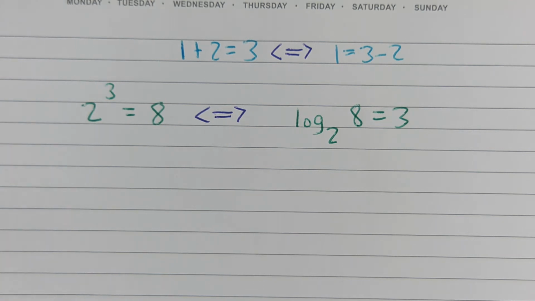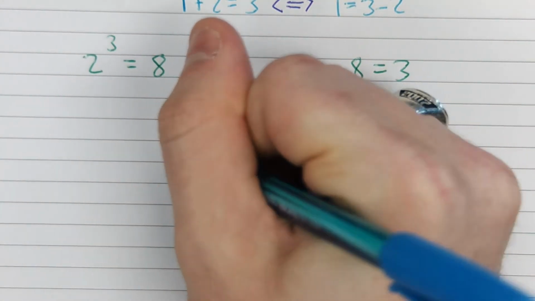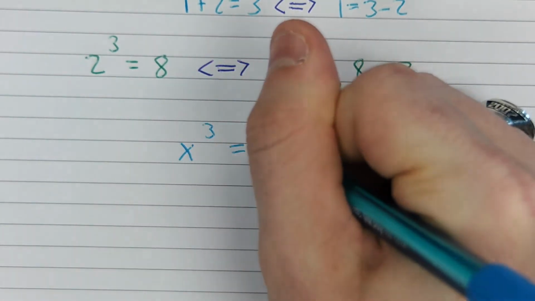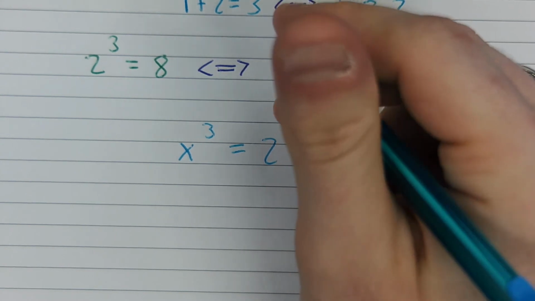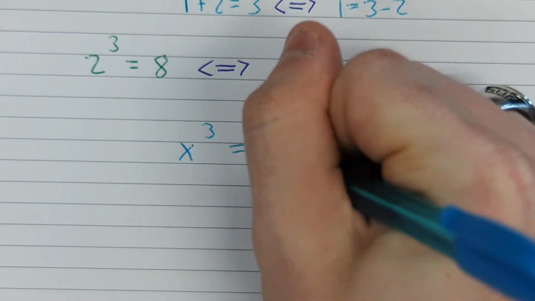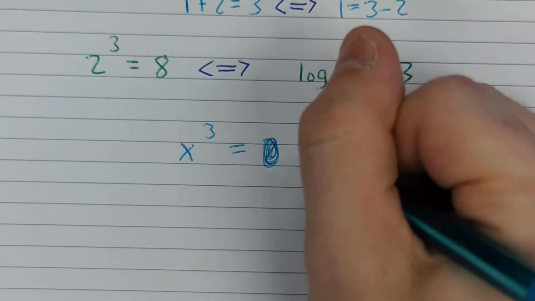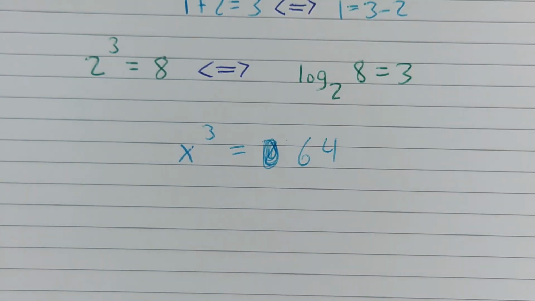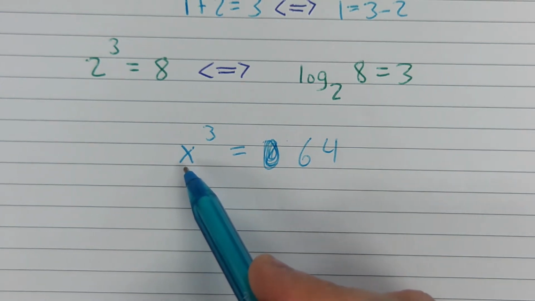I mean, if I gave you this statement, x raised to the third equals 27. Let's not say 27. I'm trying to stay away from 27 because it's a lot of threes. Let's say 64, okay? You have a way of solving for this unknown base, don't you?